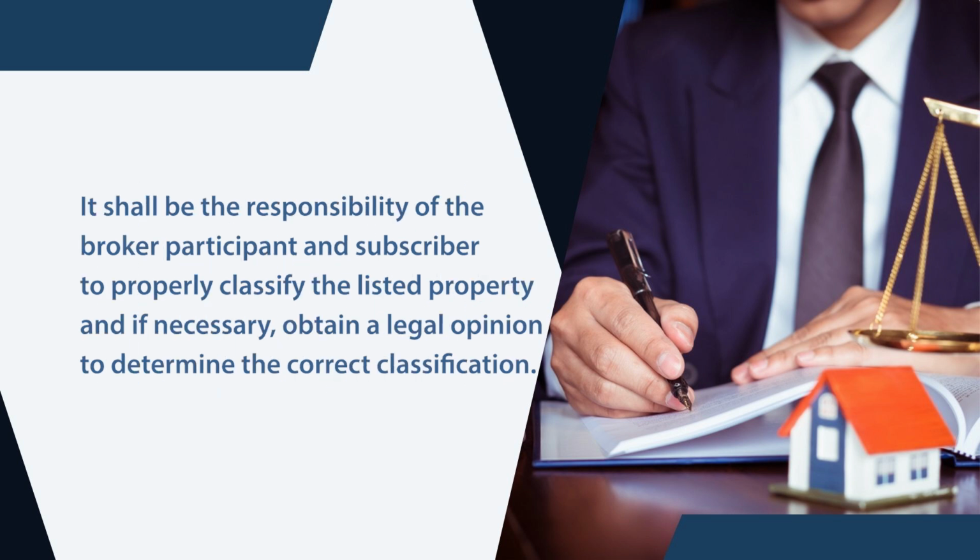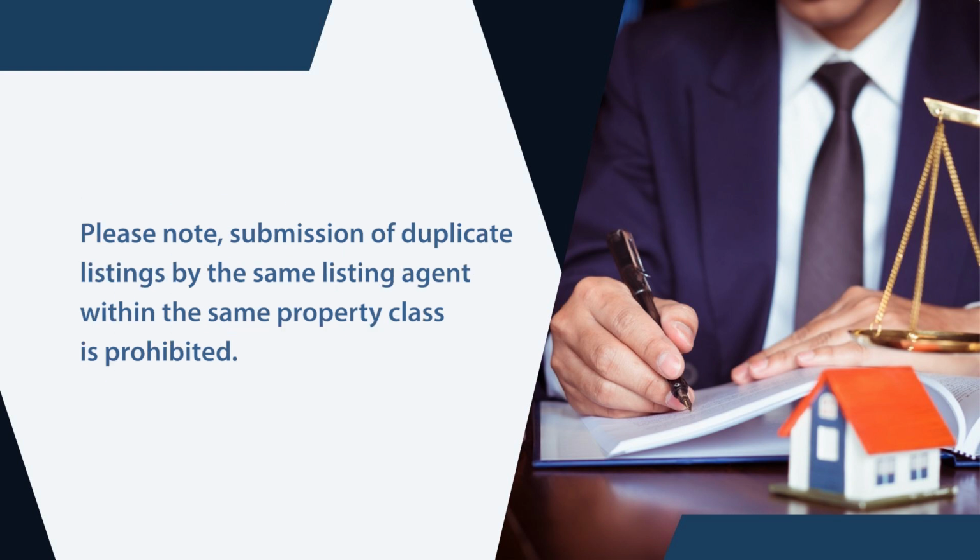It shall be the responsibility of the broker participant and subscriber to properly classify the listed property, and if necessary, obtain a legal opinion to determine the correct classification. Please note, submission of duplicate listings by the same listing agent within the same property class is prohibited.